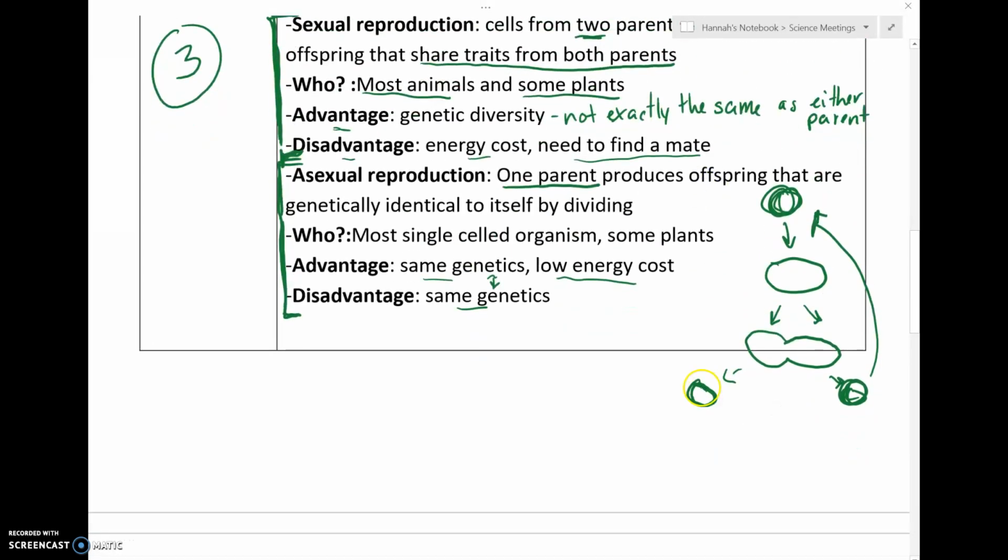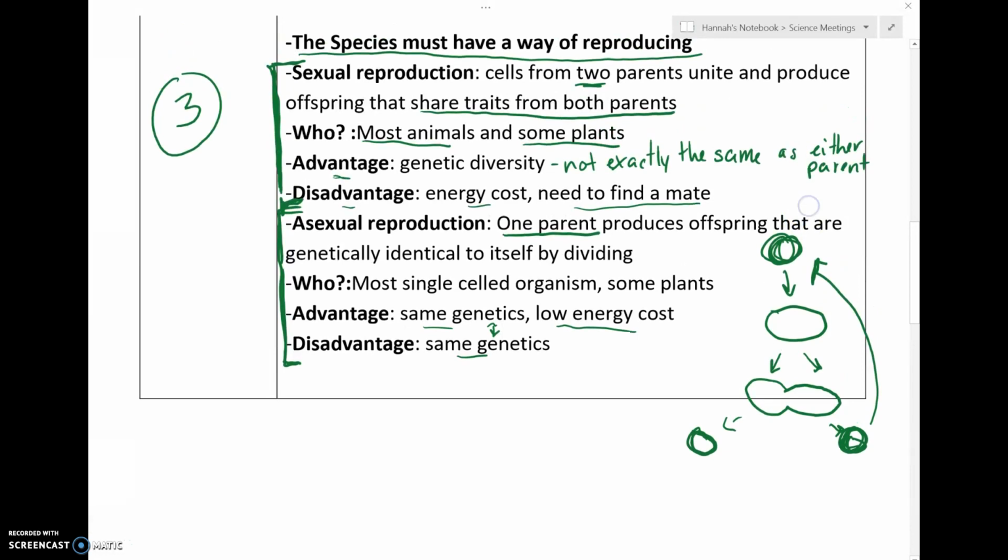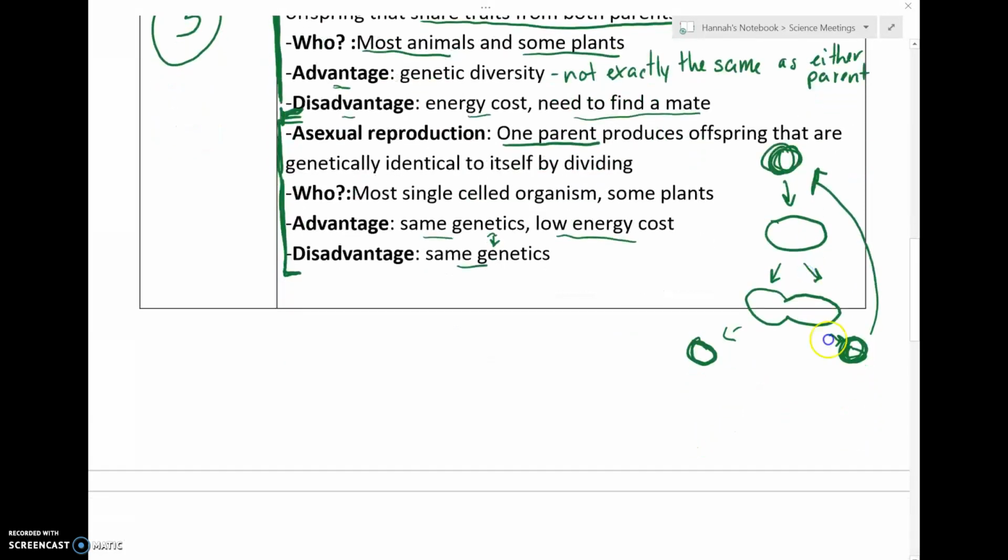Whether you are a unicellular organism that divides through asexual reproduction, or if a parent goes through sexual reproduction, both of the cells that are being passed down to the new offspring have a copy of DNA.